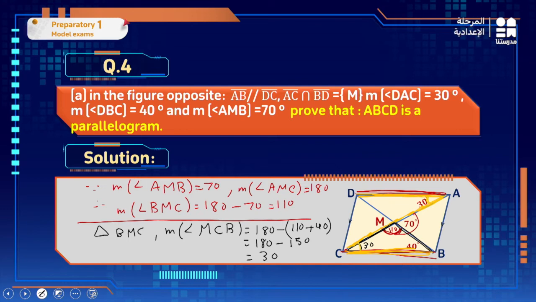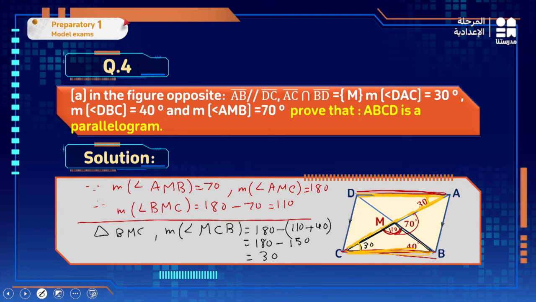It is 30. Okay? So that means the two sides, which are DA and CB, are parallel. That is enough to prove it is a parallelogram. So DA is parallel to CB, and already we have AB parallel to DC. So the two opposite sides are parallel to each other.